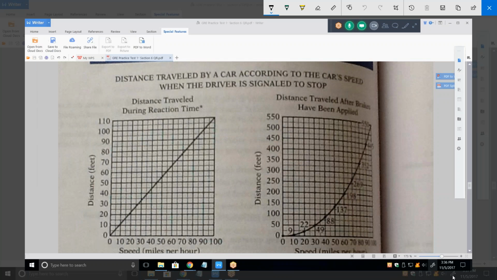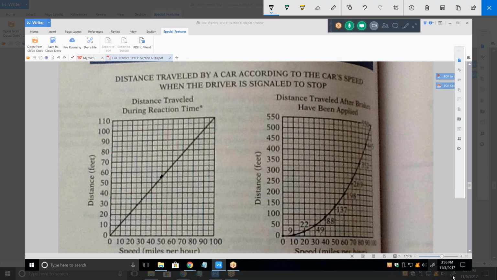How long does it take you to hit the brake? This tells you your car will move 55 feet before you hit the brake. That's a measure of reaction time. That's the amount of distance your car moves between the time you see that you have to hit the brake and when you actually touch it.